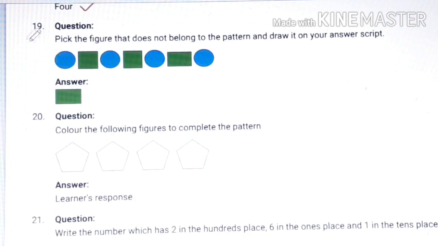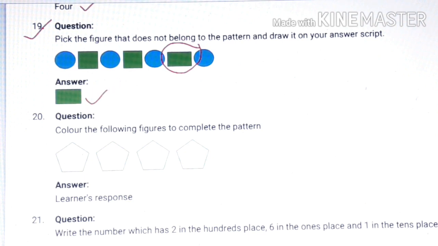Next, number 19. Pick the figure that does not belong to the pattern and draw it on your answer script. So, children, there is one odd figure. You have to pick up that figure and draw it here. So we can see that there is a circle, a square, and only one rectangle, which is the odd one. So you have to draw that figure here.